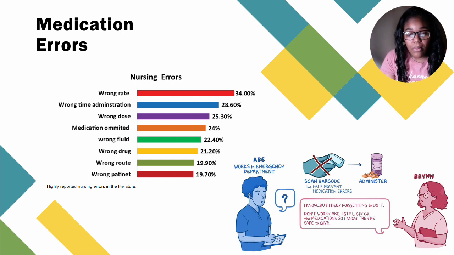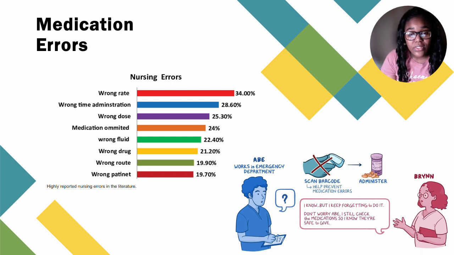So it's really important to make sure that we do all of our checks. All of these wrong things are technically our patient rights that we can look at. It's supposed to be right patient, right route, right drug, right indication, right time of administration, right rate or dose. All of these things are associated with our patient rights to medication administration.